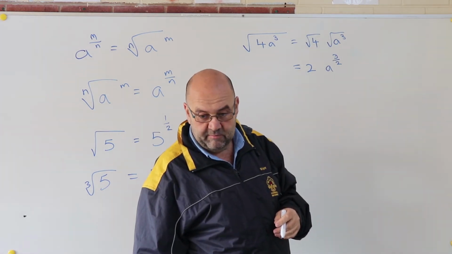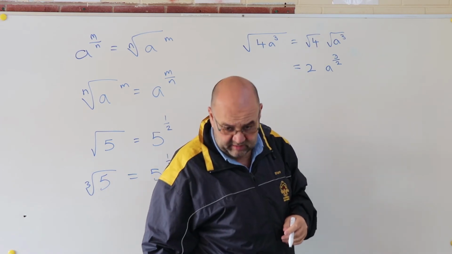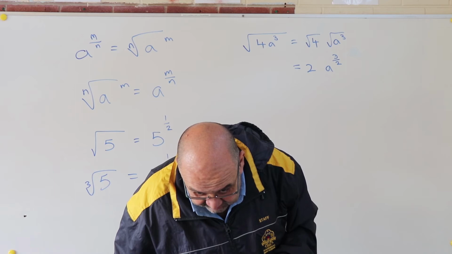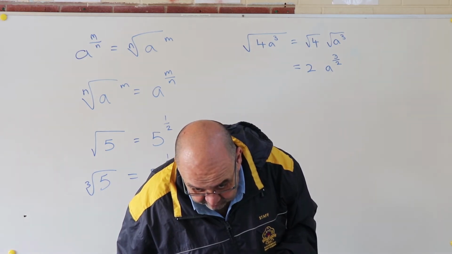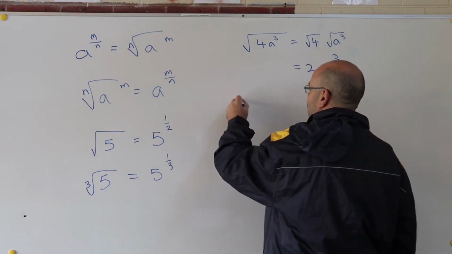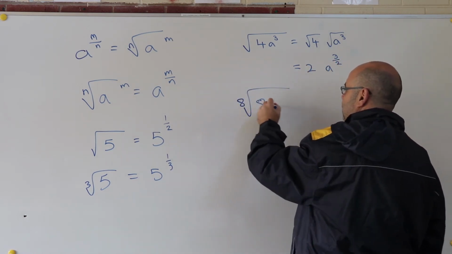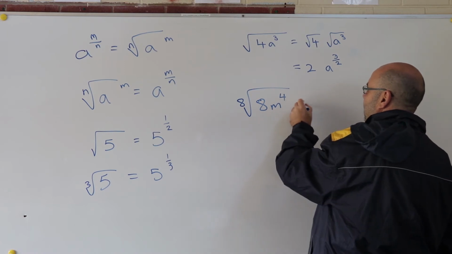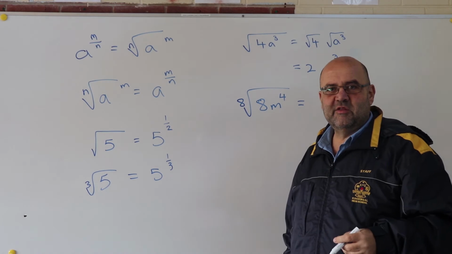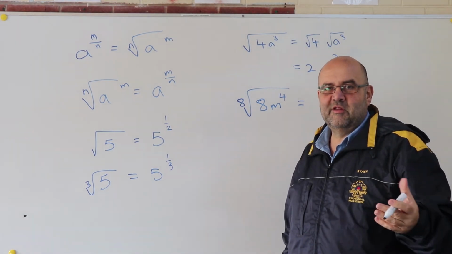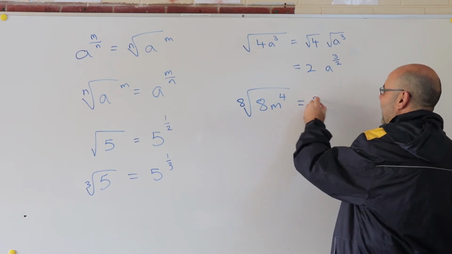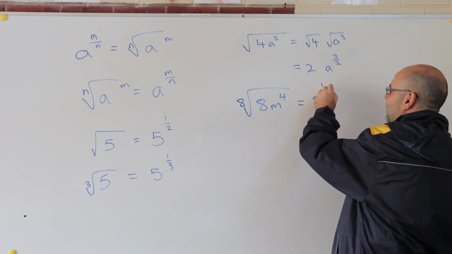I'm looking at question H now. It's got the 8th root of 8m to the power of 4. The 8th root of 8 I can't work out, that's going to be something well and truly irrational.